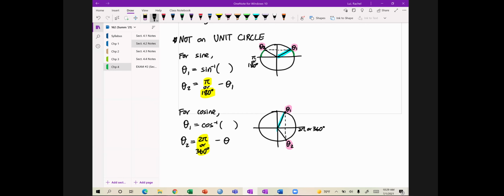Okay, there you go. Yes, thank you. So these formulas apply any time you're working with sine or cosine, and you have values that are not on the unit circle, meaning your theta values are not degrees or radian measures that are on our unit circle.